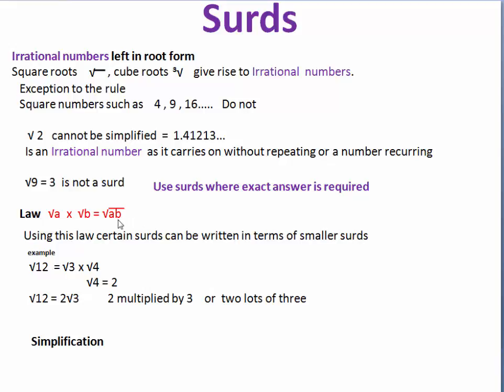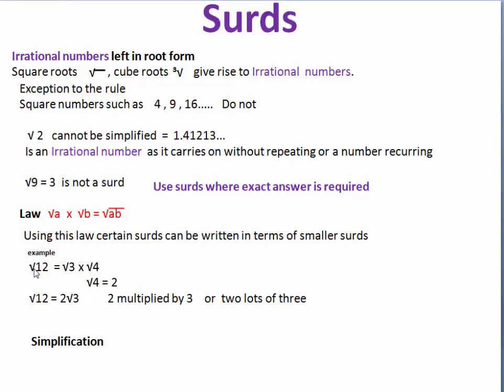Multiplication law regarding surds: square root of a multiplied by square root of b equals square root of a multiplied by b. So a multiplied by b and the square root of the product equals the separate square roots. We can use this law to write some surds in terms of smaller surds.